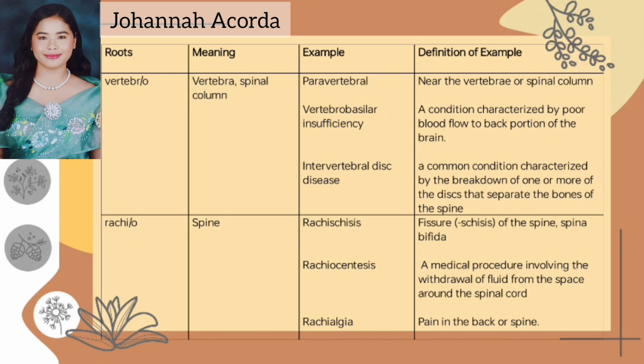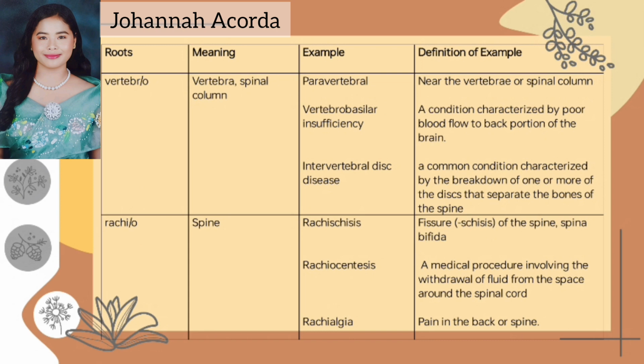For this procedure, your healthcare provider inserts a hollow needle into the space surrounding the spinal column, which is the subarachnoid space, in the lower back to withdraw some cerebrospinal fluid or inject medicine. So cerebrospinal fluid is a clear fluid that bathes and cushions the brain and spinal cord.